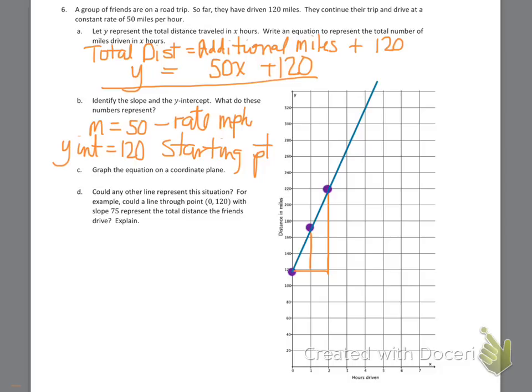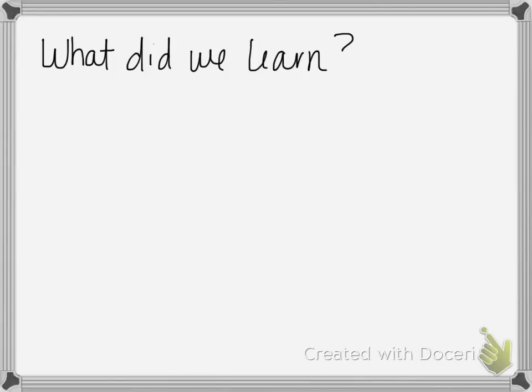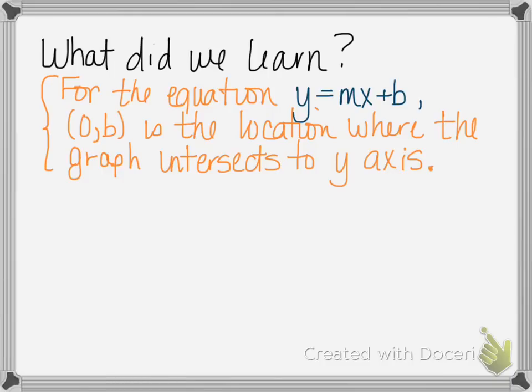All right, so let's look at what we learned in this lesson. Just a quick recap. We learned that for a linear equation in the form y equals mx plus b, which we're calling slope-intercept form, the point (0, b) is the location where the graph intersects the y-axis.